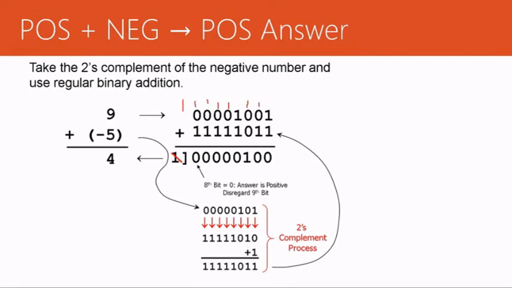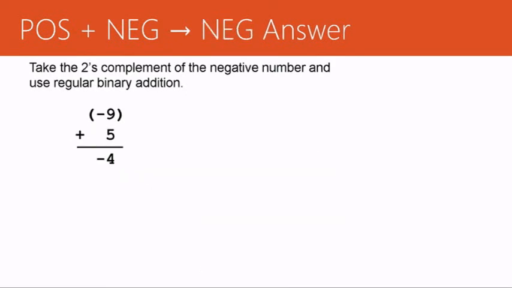And if we're going to convert this into a decimal, that would be equal to 4. So let's take another example. Let's say we have here a negative number added with a positive. Since this is negative 9, if we see a negative number, we have to convert it to its negative equivalent in binary by using 2's complement.